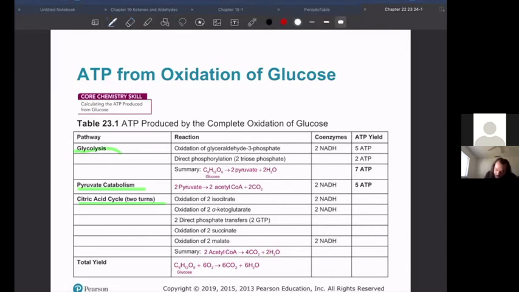We have 2 turns because just like we had 2 pyruvates created from 1 glucose, those 2 pyruvates create 2 acetyl-CoAs. So each turn of the citric acid cycle creates 3 NADHs that would lead to a total of 6 NADHs. And we also have FADH that's produced. And then we have 2 direct phosphorylation steps, or this payout directly of 2 ATP.